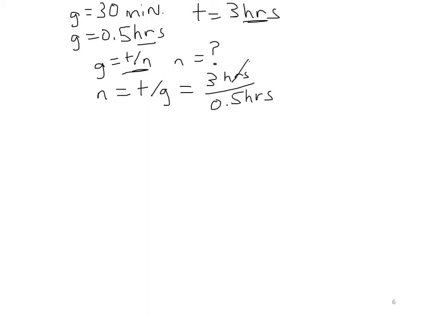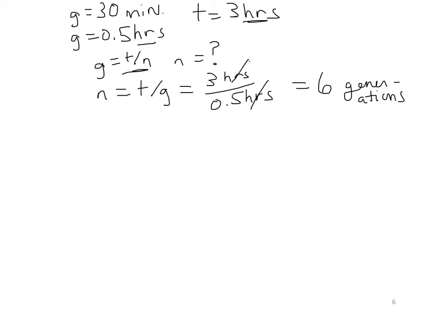Okay, the units go away. That's good because I know that n is unitless, and n solves as 6. So in other words, in the time that I'm interested in, which is 3 hours, there were 6 generations, or the population doubled 6 times.